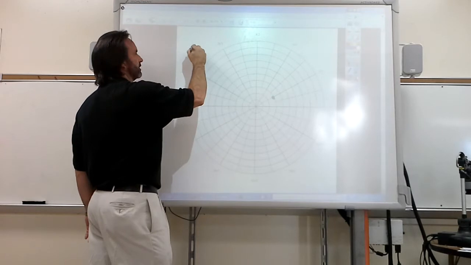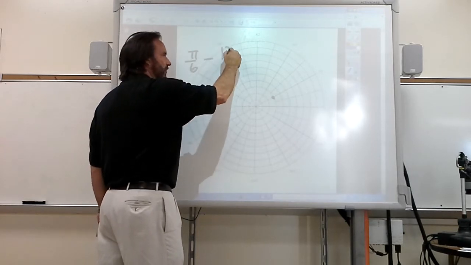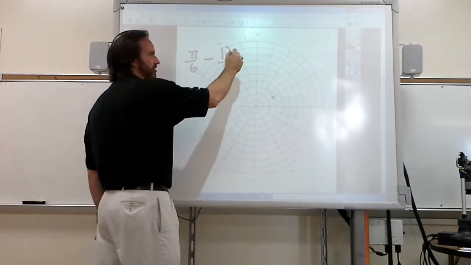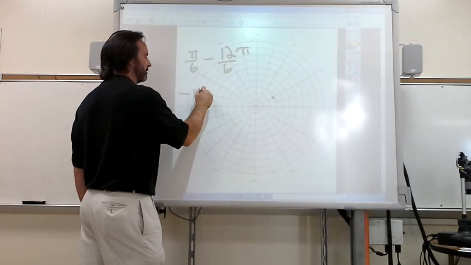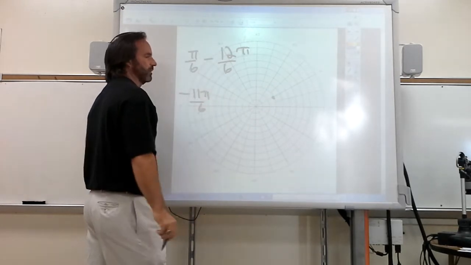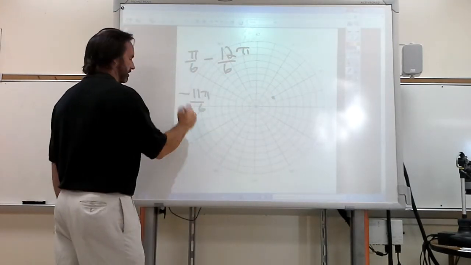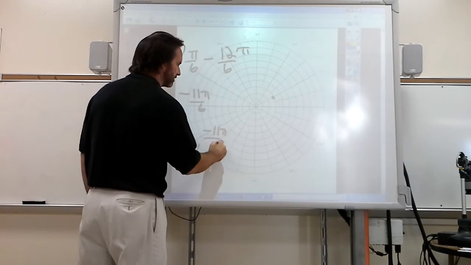So let's subtract. I've got pi/6 minus a full rotation, 12 pi/6. That's 2 pi, right? 12 over 6 is 2. What's 1 minus 12? Negative 11 pi/6. So we go all the way around, and we're going to keep r positive. So that's going to be 3 comma negative 11 pi/6.